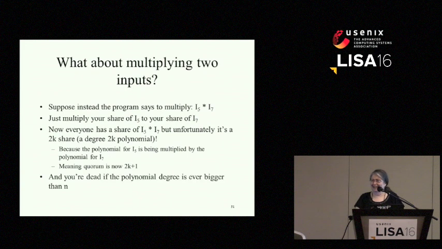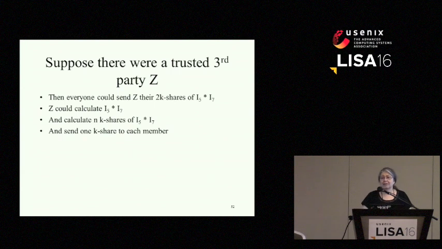The problem is multiplying. When you have two things, I5 times I7, yes, you can multiply them together, but now the equation, the order isn't k, it's 2k. And if you ever do enough multiplications so that it's greater than n, no one will be able to recover the answer. So suppose there were a trusted third party.